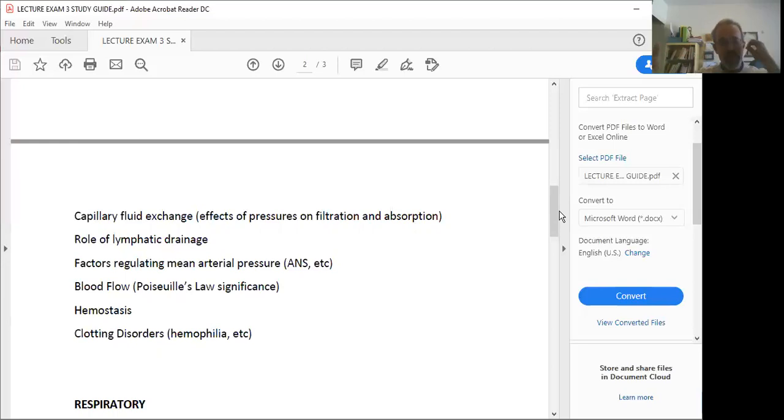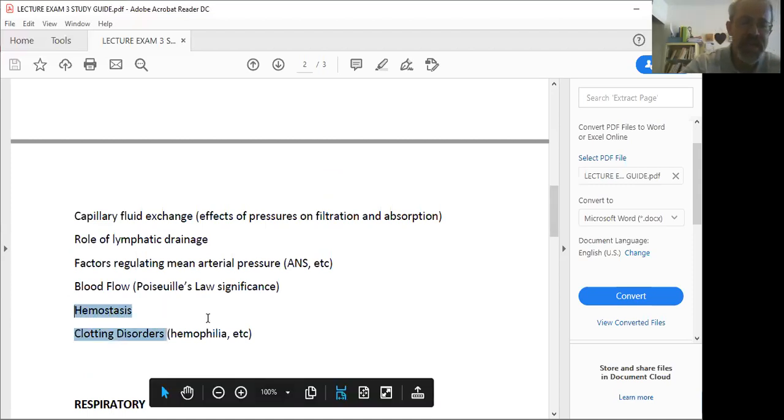We spoke about blood flow measurements, specifically Poiseuille's law. Know the different parts of Poiseuille's law, the components, how they affect blood flow. The increase of pressure gradient, how does that affect blood flow? The increase in viscosity, how does that affect blood flow? Things like that.